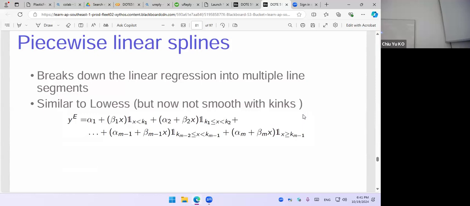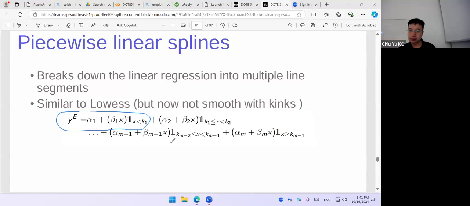And the mathematics is like this, okay? It's a regression if you forget this one, right? Because this is a regression here. If you simply clip this guy, it's a standard regression, okay? What it's doing is, if it's less than K1, it will be this one. If more than K1, this is gone, and it will be following this one, okay? And so on and so forth.